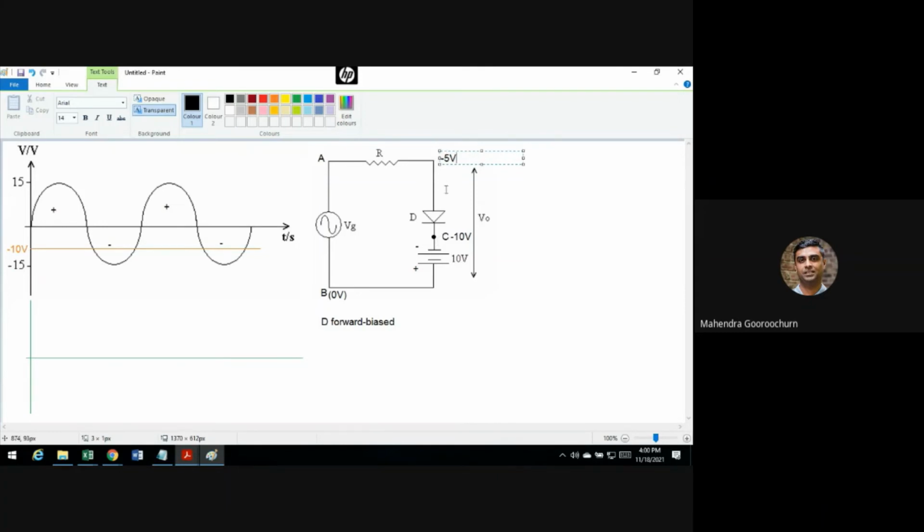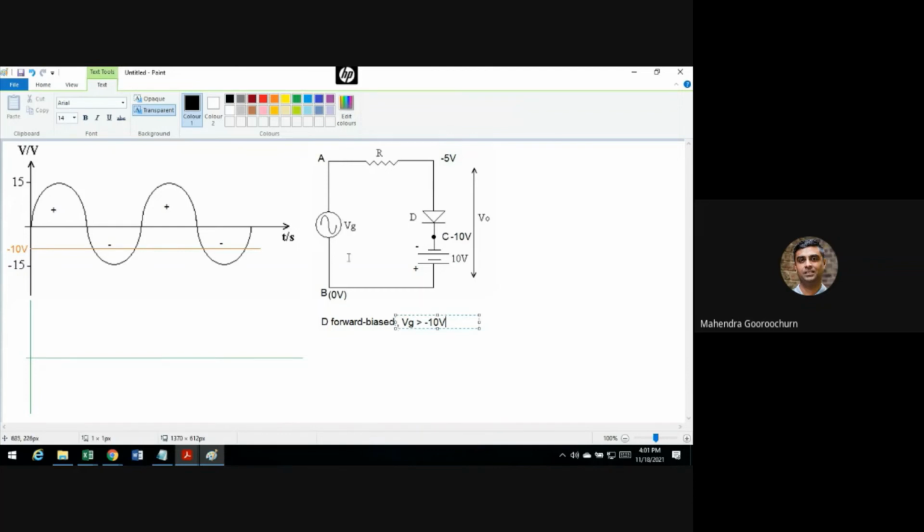So what is the threshold to decide when the diode is forward biased or reverse biased? It is minus 10 volts. The diode is forward biased when your applied voltage VG is greater than minus 10 volts, greater in the proper sense. It has to be minus 9, or minus 8, and so on.